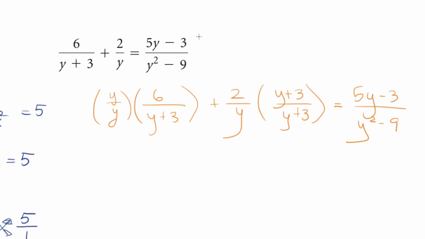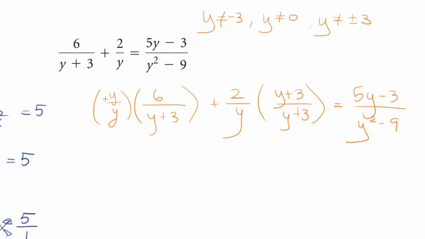Well, from y plus 3, y cannot be equal to negative 3. Because if I plug in negative 3, I get 0. y cannot be equal to 0. And from y squared minus 9, y cannot be equal to plus or minus 3. So all those values have to be excluded.